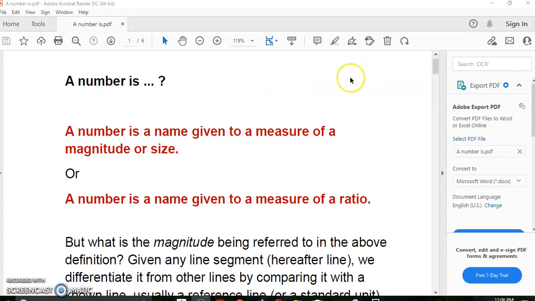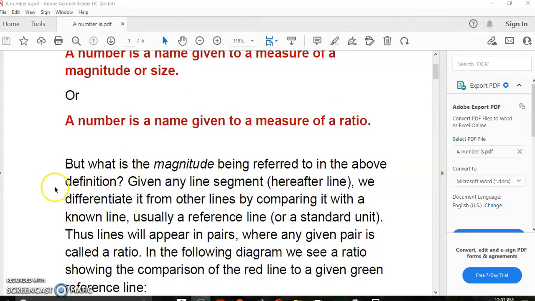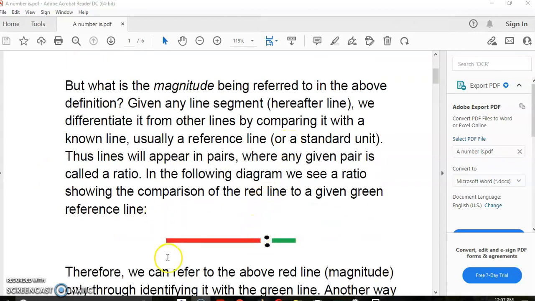Let's exit the drawing. Basically, what is a magnitude that is being referred to in the above definition? Given any line segment, like this red one, we can only refer to it or differentiate it from other lines by comparing it to a known line segment like this green one.